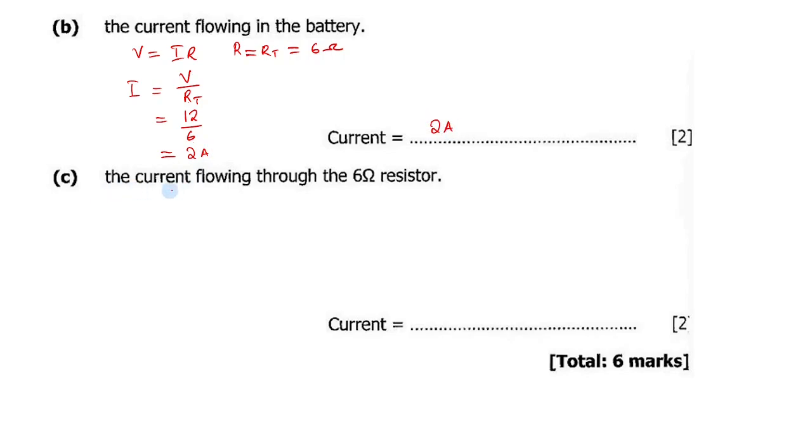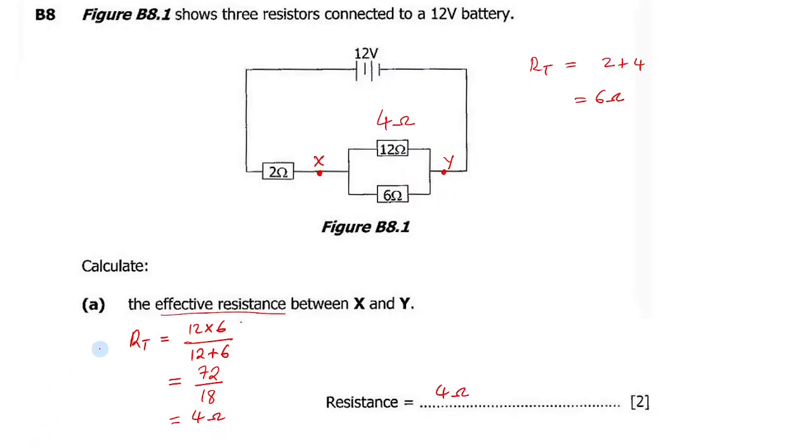Then here they're saying the current flowing through the 6 ohm resistor. So they want the current that is passing through the 6 ohm resistor here. For you to know the current passing through the 6 ohm resistor, first of all you need to know the voltage here. Voltage here, you call it V1, okay?